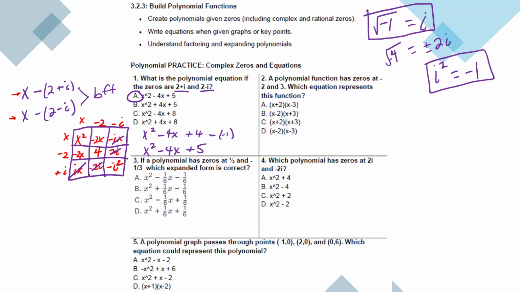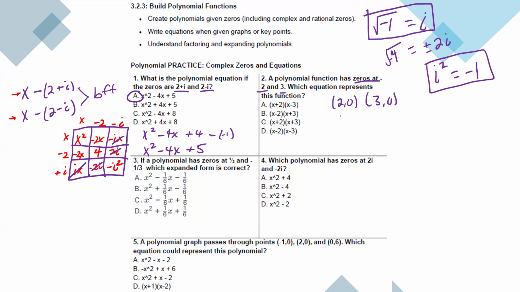Next, we're going to talk about writing a polynomial function based on its zeros. When you are writing a polynomial based on its zeros, you have to remember that x's are liars, okay? Your factors and your x's are always going to be the opposite. So in this case, our zeros are 2 and 3, meaning that we're at 2 comma 0 and we're at 3 comma 0.